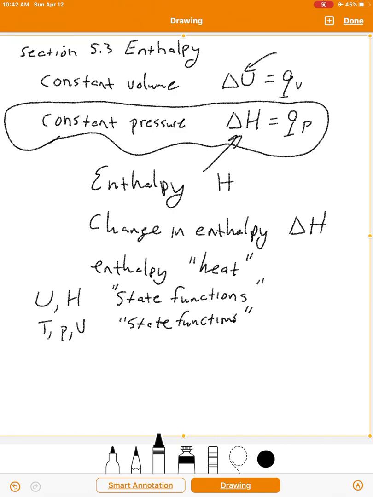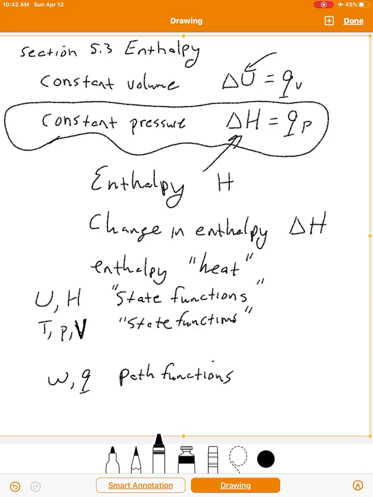Now, the reason this is important is because some properties or some variables are not state functions. For example, work and heat. These are path functions. And path functions, their values depend on how you get there. Okay?